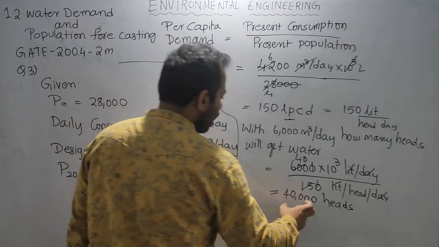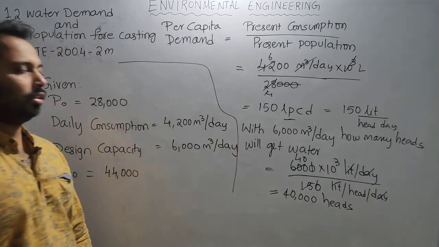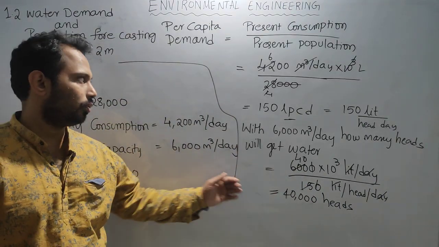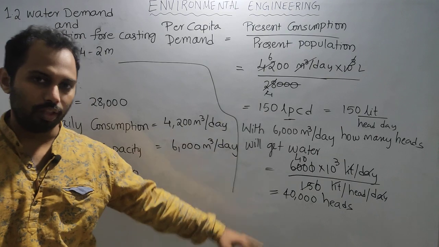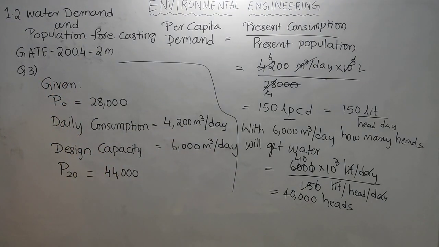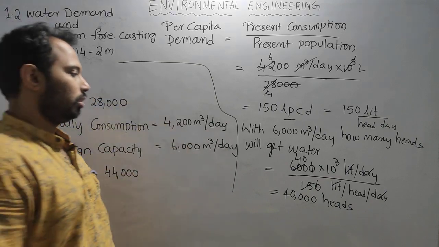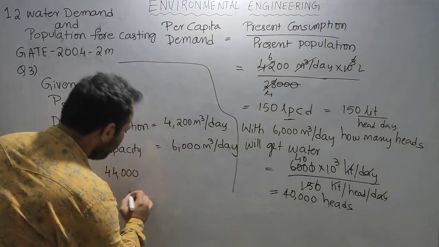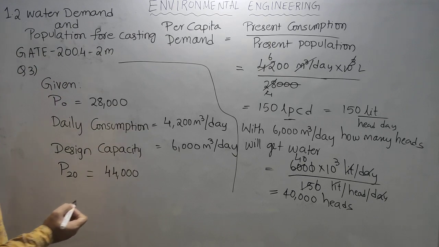So now after how many years will this population reach, this 28,000 will become 40,000. That is what he is asking. So for that, see here, he told that use arithmetic forecasting technique.